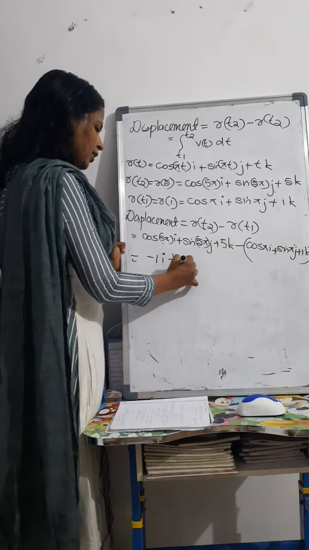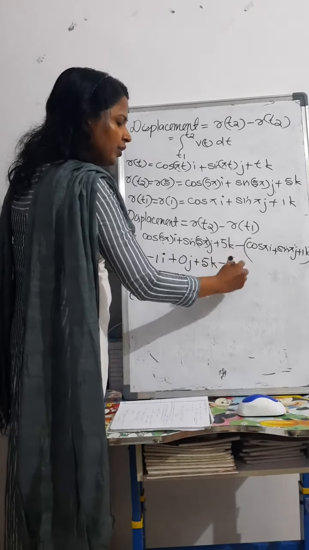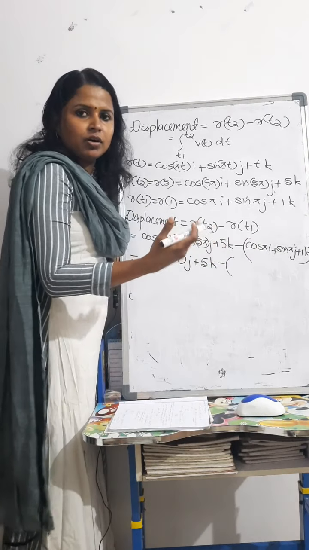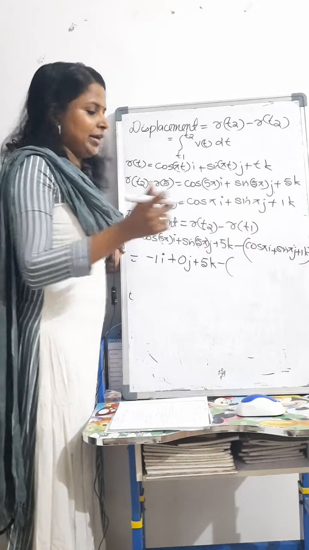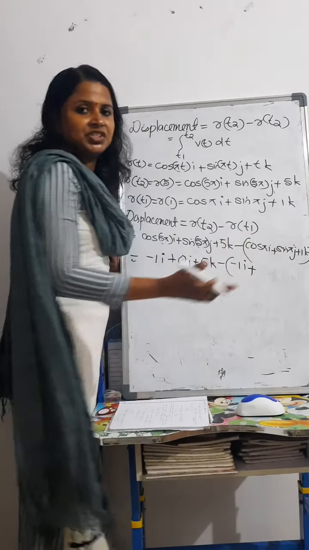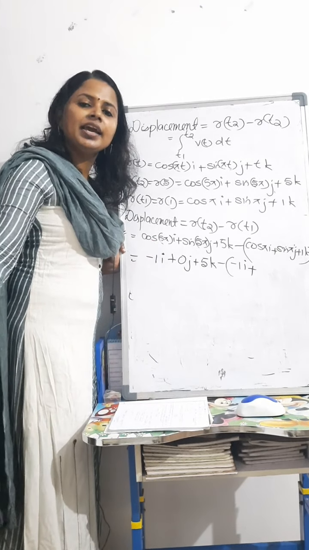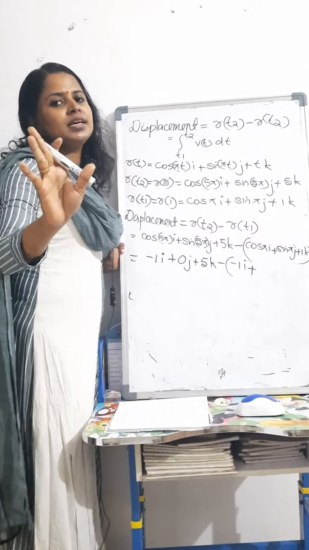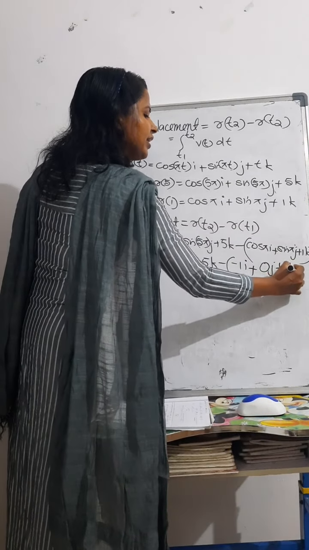So here we get minus 1 i plus 0j plus 5k, minus cos pi, which is again odd pi, minus 1 i, plus sin pi j, which is 0, so 0j plus 1k.